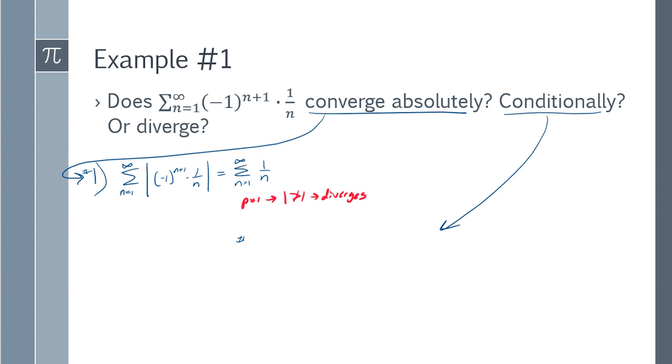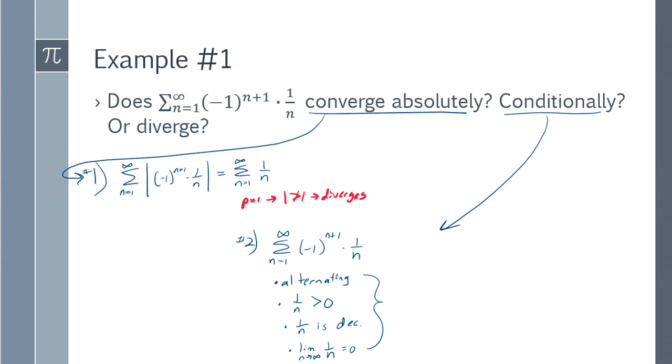So next, I have to check conditionally, which means I just want to look at the series -1 to the n plus 1 times 1 over n. I notice this is an alternating series. The non-alternating part is always positive. The non-alternating part, as n gets bigger, is decreasing. And the limit, as n approaches infinity, of the non-alternating part is 0.